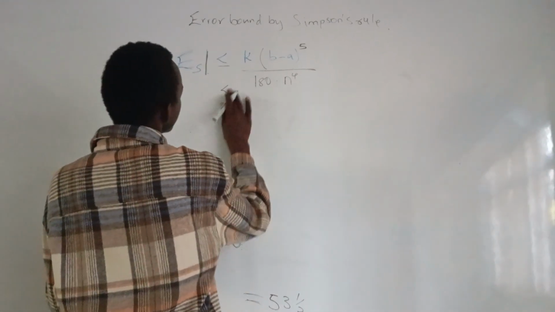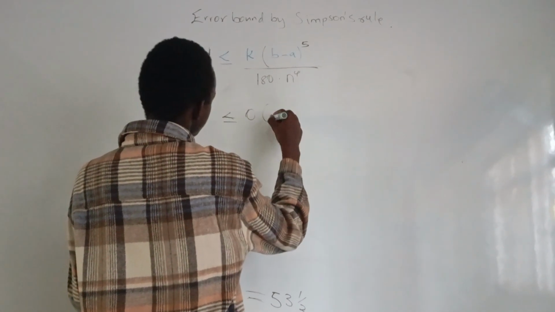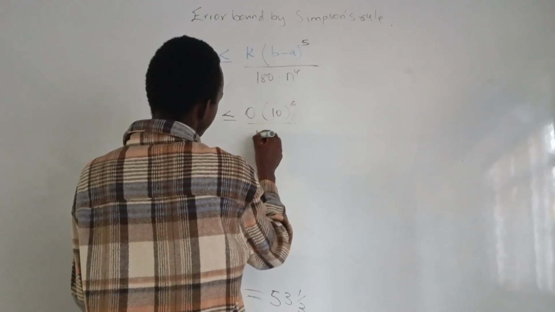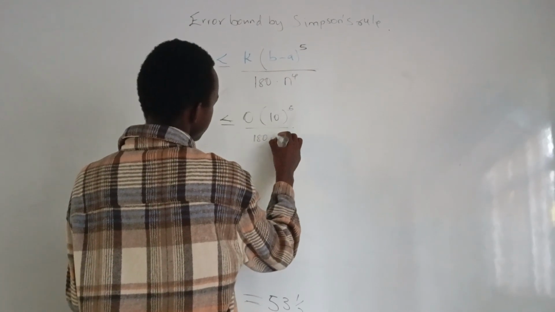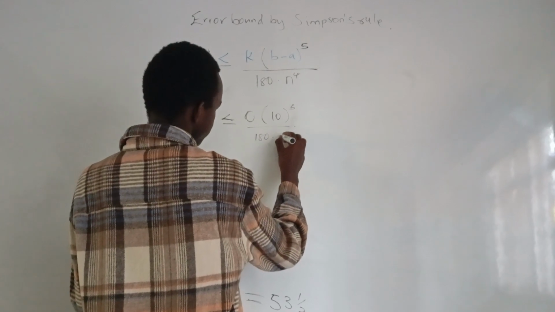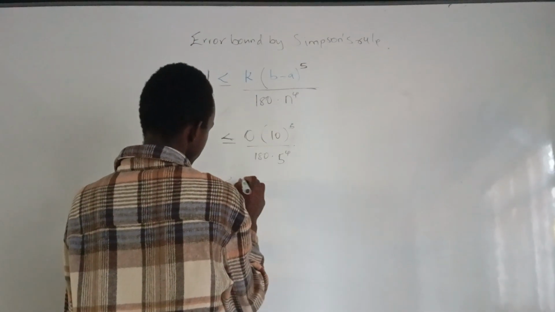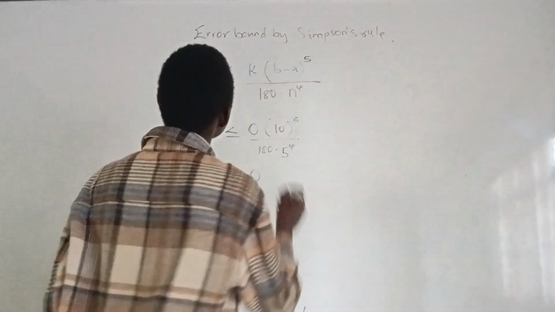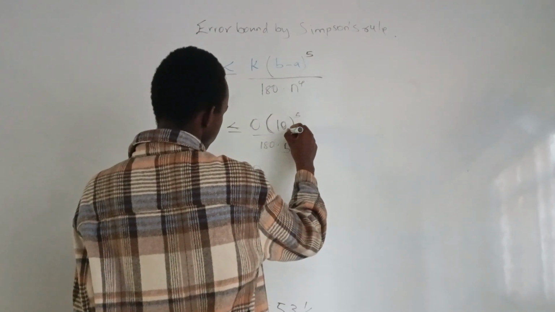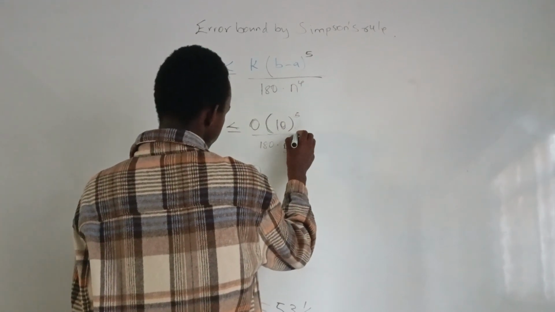So it will be 0 into b, that is 10 to the 5th, divided by 180, multiplied by n to the 4th, where n, we said, is 5. All this is just 0, because 0 divided by any number is 0. That's the concept we require.